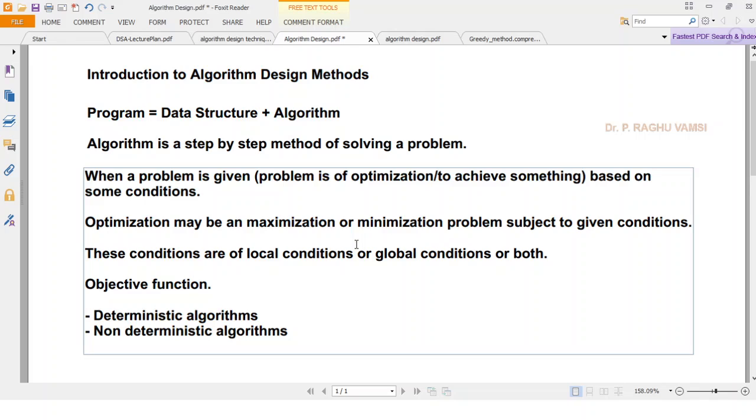So far, whatever algorithms we have seen are all deterministic algorithms. That means they are going to complete or terminate within a finite number of steps. Coming to non-deterministic algorithms, they are very difficult to solve.